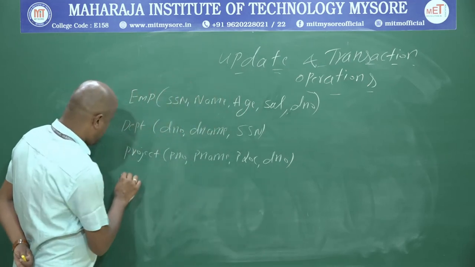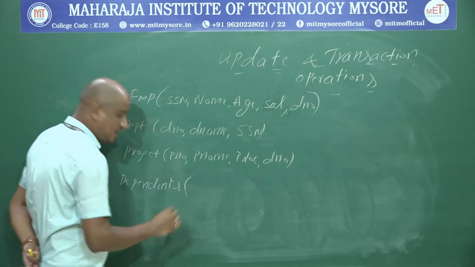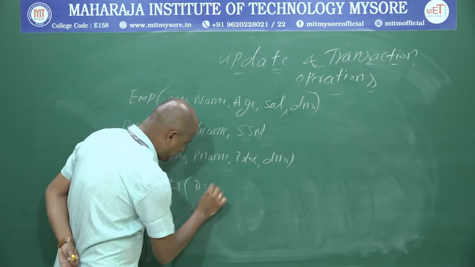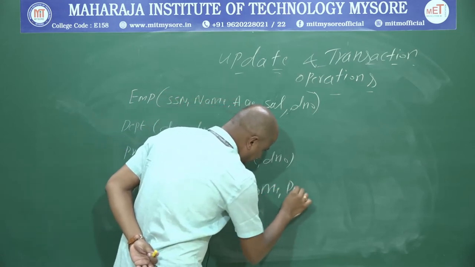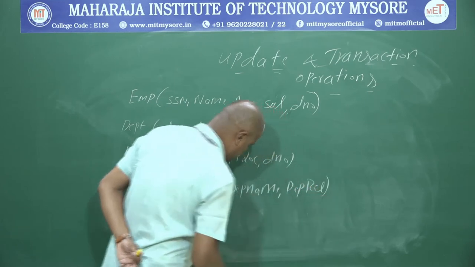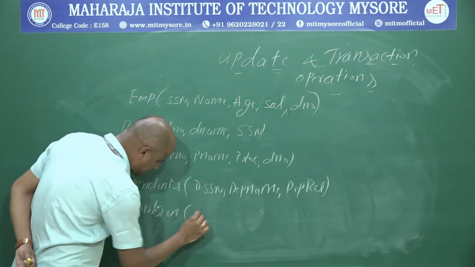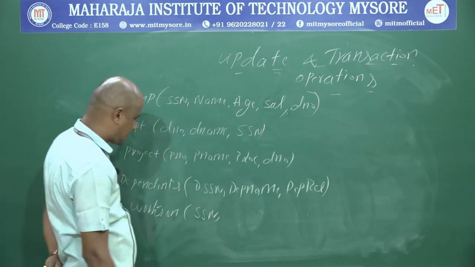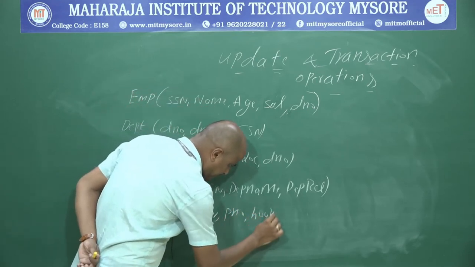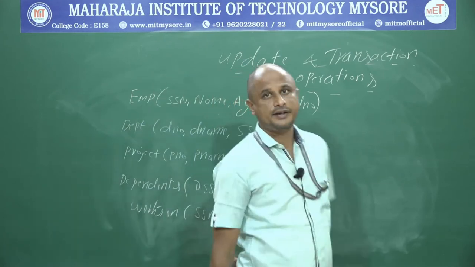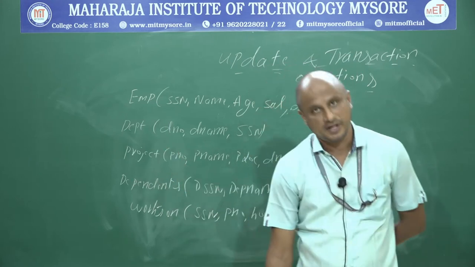Then I have dependents: dependent SSN, dependent name, dependent relation. Then works on: SSN, P number, hours. This is a set of tables with primary keys and foreign keys for a company database.